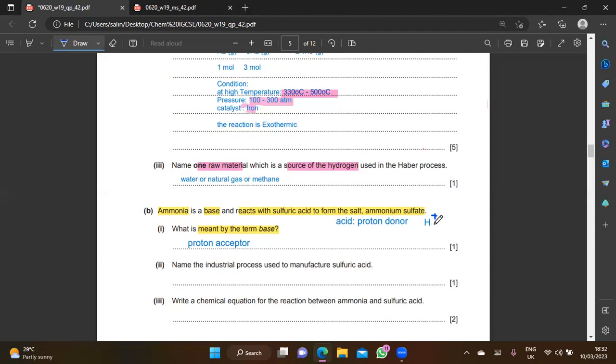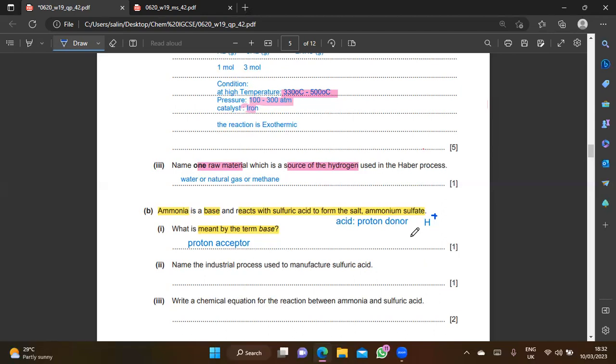Why is this hydrogen ion so important? Because this hydrogen ion is the one that will react in the reaction of your acid. So your acid is providing this hydrogen ion when it reacts with whatever it is. So that's why we call it a proton donor. That's how you can try to remember also.